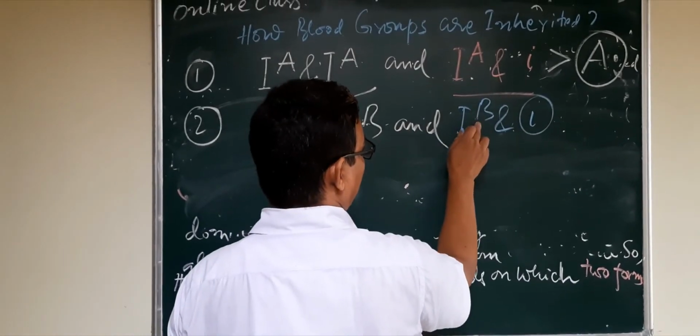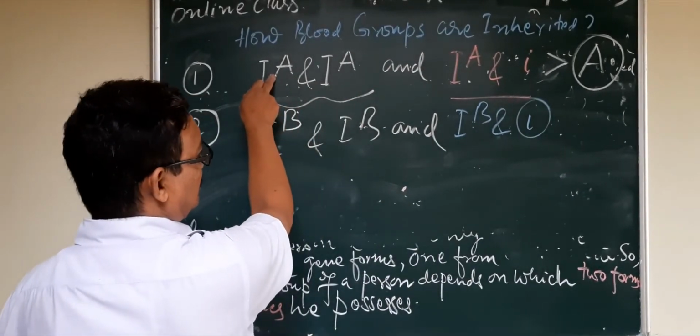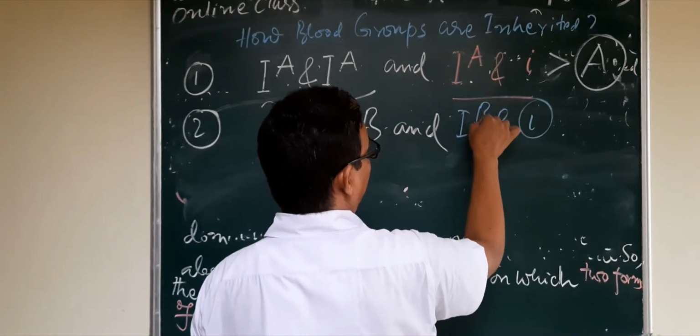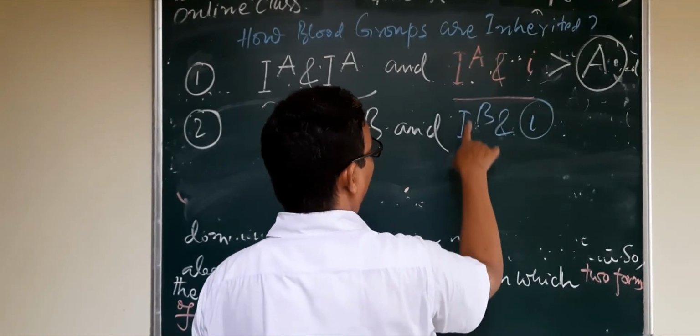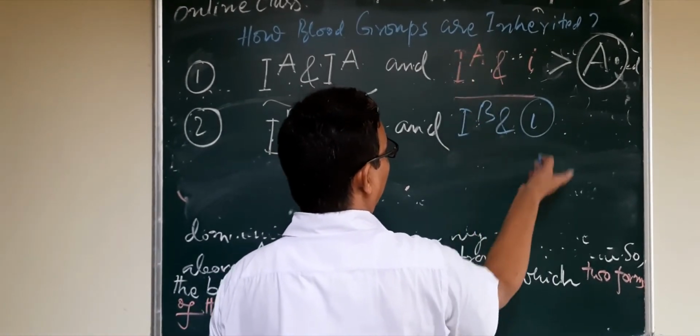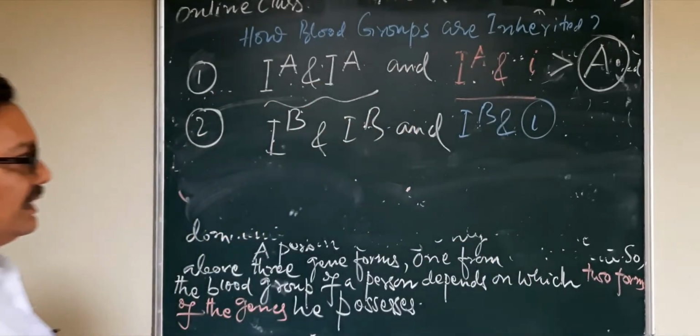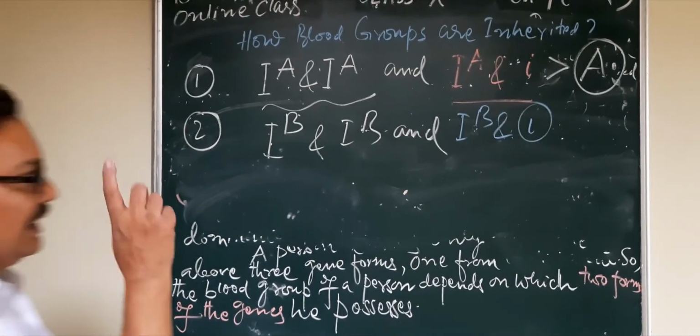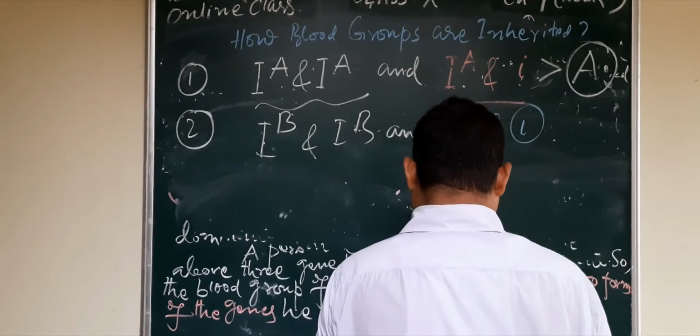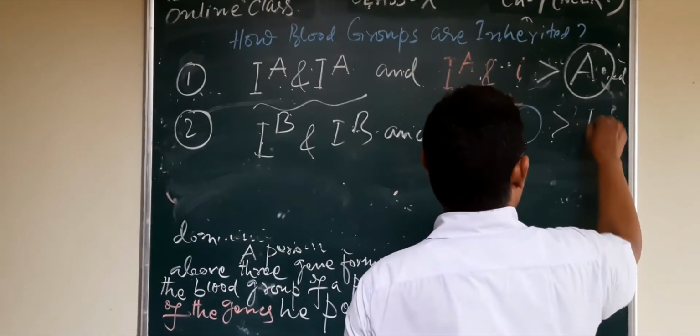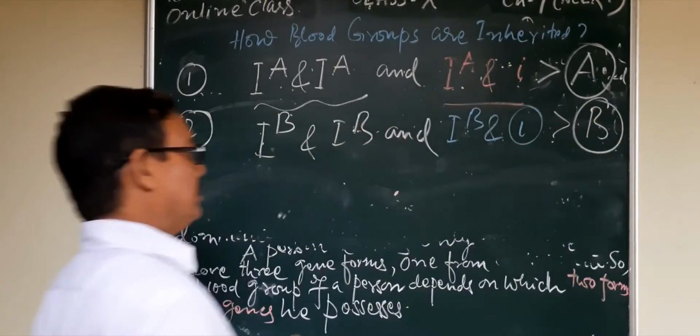This is dominant and this is also dominant. These 2 are codominants, and these 2 are dominant over i, that is the 3rd form of the allele. That's why here the blood group will be B.